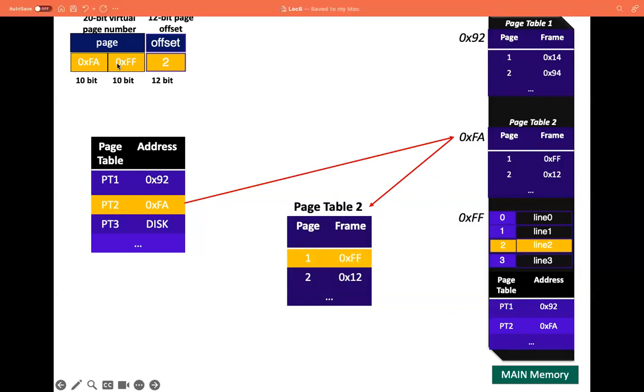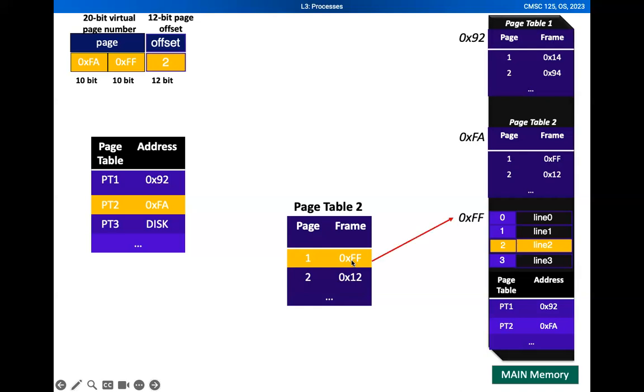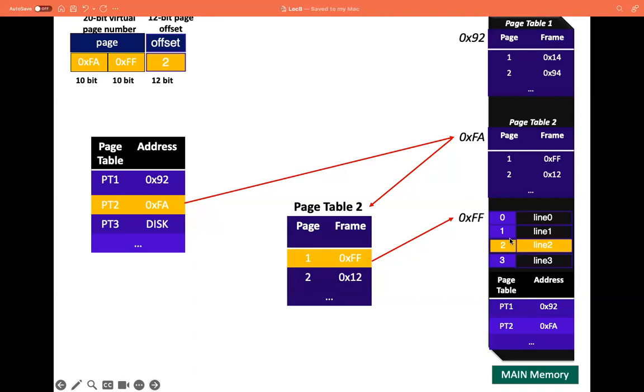Now we look at the next 10 bits. So it points to FF. So FF refers to the physical address of the actual data that we need. Okay, so we are now able to access the information that we need using these addresses.